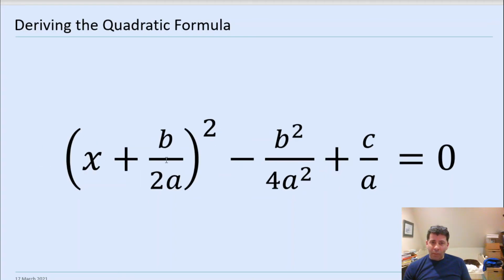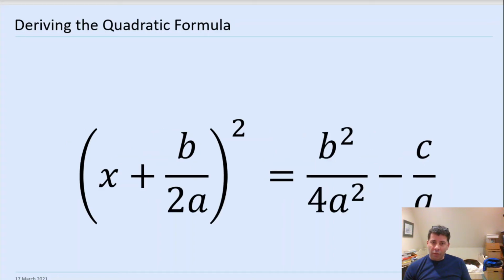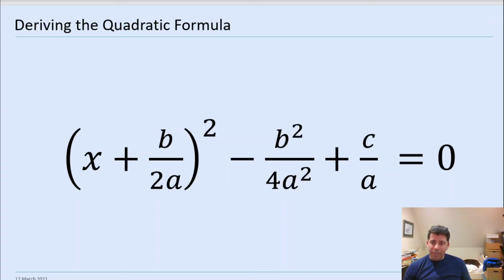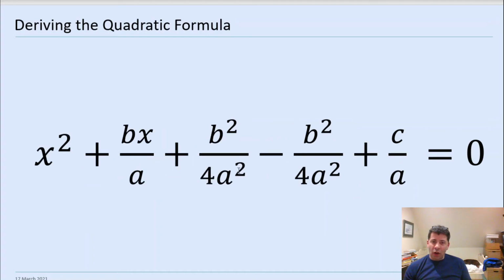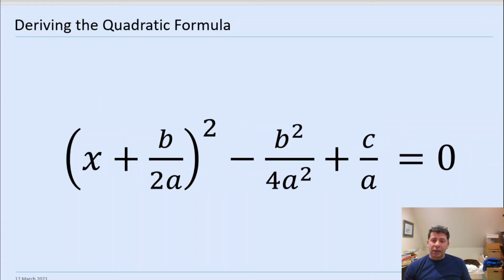And then finally you've got b over 2a squared, which is b squared over 4a squared. So this was constructed on purpose. These three terms become an exact square, looking like this.